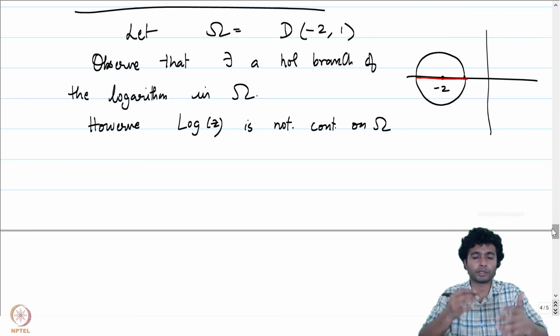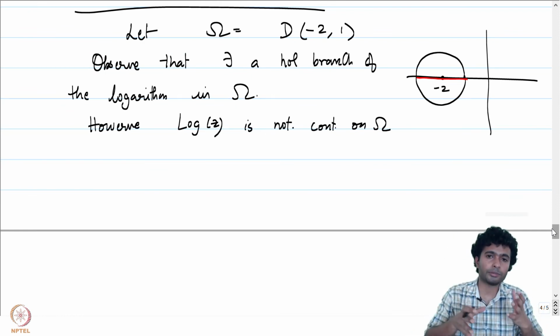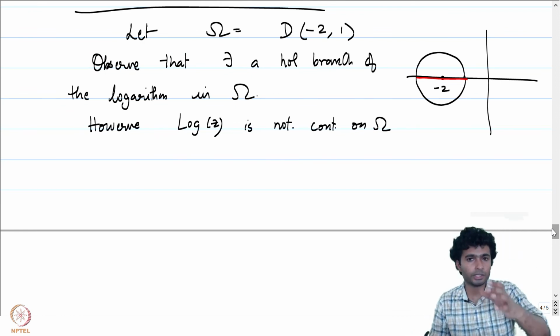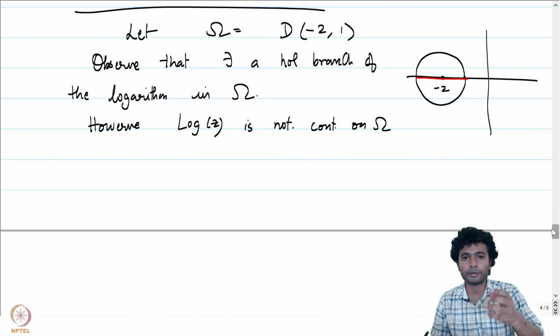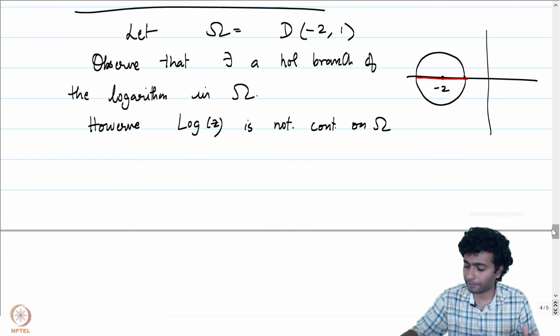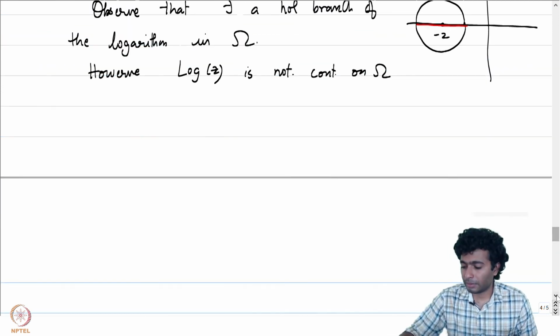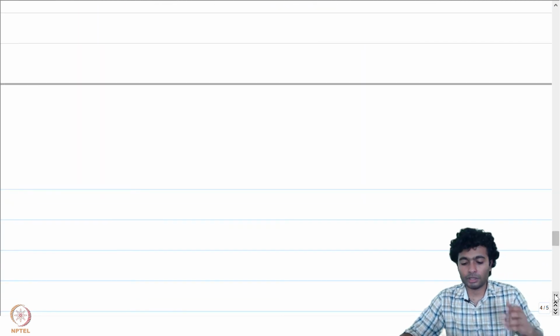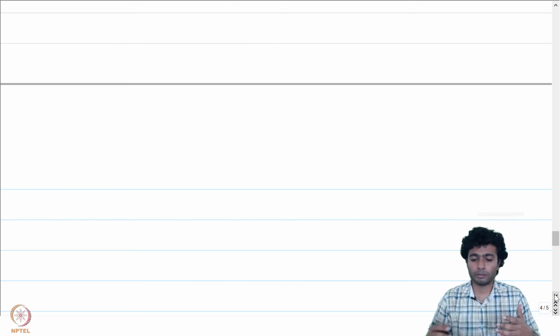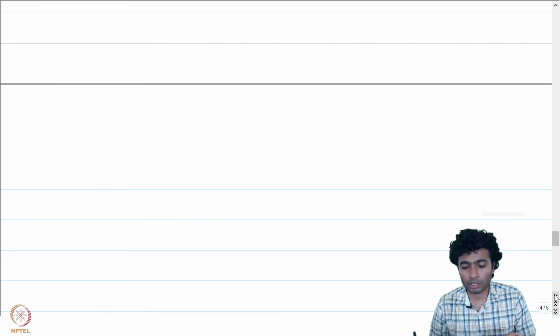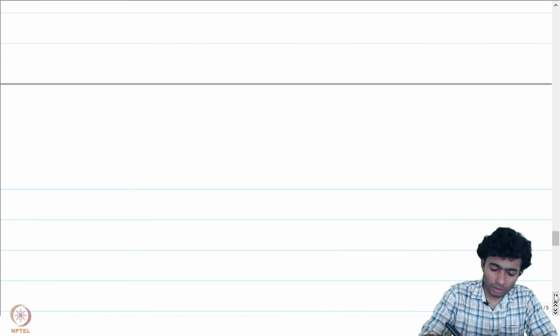So it depends. The point that is being stressed is that when we talk about the holomorphic branch of the complex logarithm, it matters which domain we are considering. Let me conclude this lecture by using the knowledge of branch of the logarithm to construct branches of some other functions which are not injective.